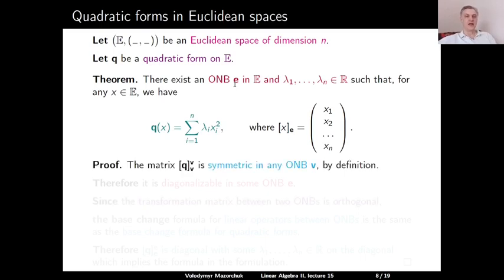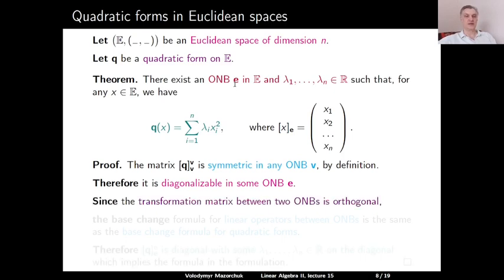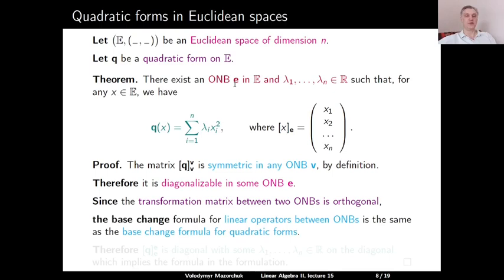Proof: the matrix of Q in any orthonormal basis V is symmetric by definition. If we consider the linear operator given by this symmetric matrix, we know that such a linear operator is diagonalizable in some orthonormal basis E. Further, recall that the transformation matrix between two orthonormal bases is orthogonal. And therefore, the base change formula for linear operators between orthonormal bases is the same as the base change formula for quadratic forms.